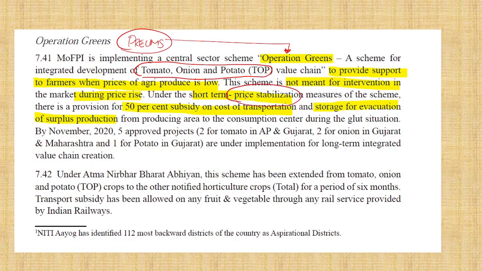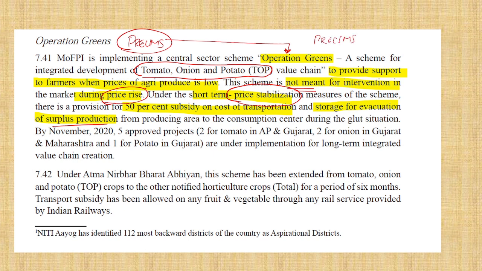When the farmer is producing more, the price will go low. In order for the farmer not to be affected, this scheme is used for price stabilization. This scheme is not meant for intervention during a price rise. When the price is rising, it will not come in.